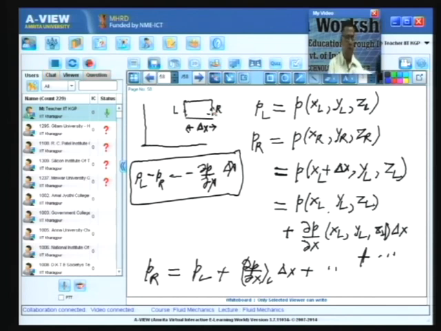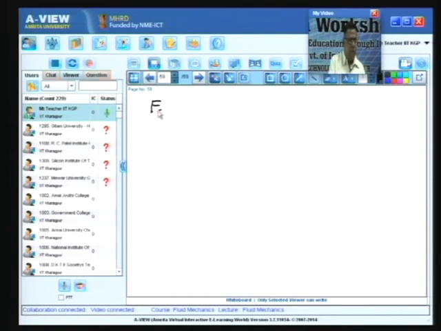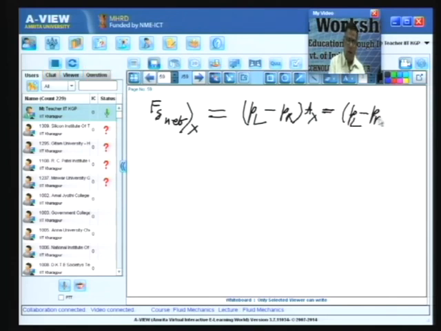Now, the net surface force F S net in the x direction we said was P L minus P R into A x, which is P L minus P R into delta y into delta z, and P L minus P R we showed was minus del P del x delta x.